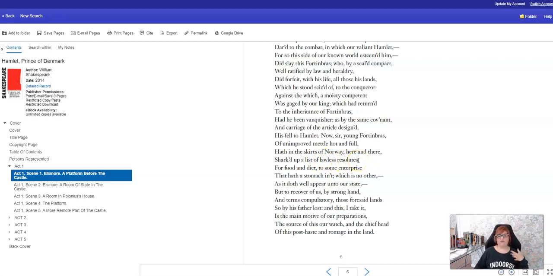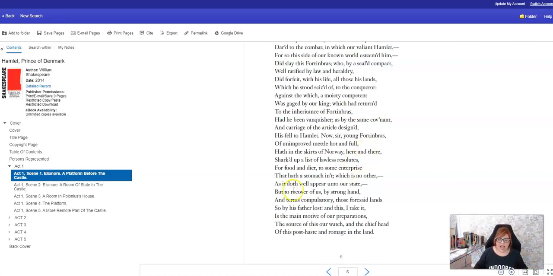So, like, vagrants, and I always imagine pirates. They're just really bad guys, just seedy little bad guys for hire. And so instead of honorable soldiers, he has these really horrible groups of people who have absolutely no morals, and their appetite is just for killing. So these are not the people that you want to deal with on the battlefield. But that is what he's done. He has a huge group of lawless resolutes, and they're coming.